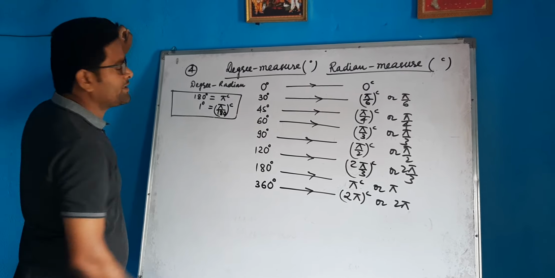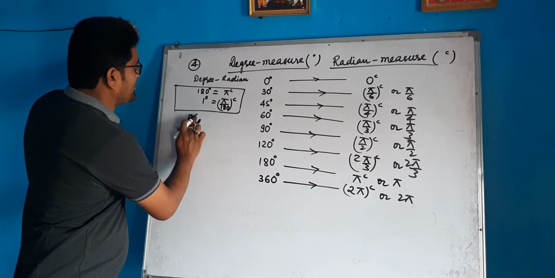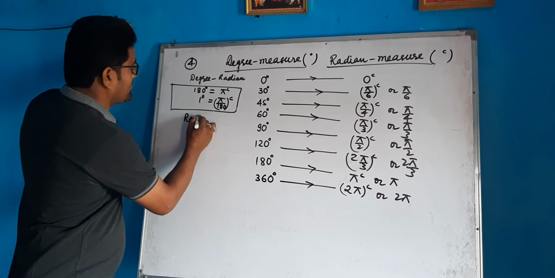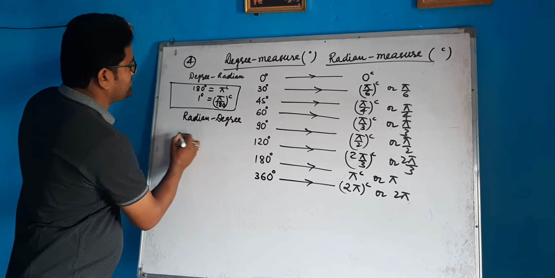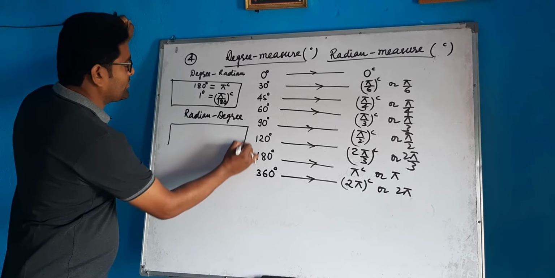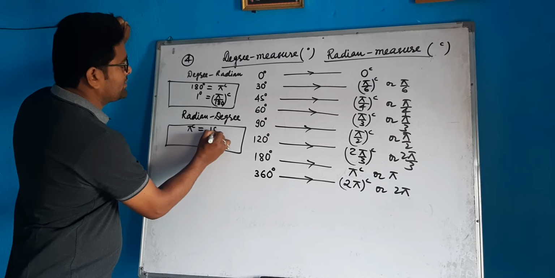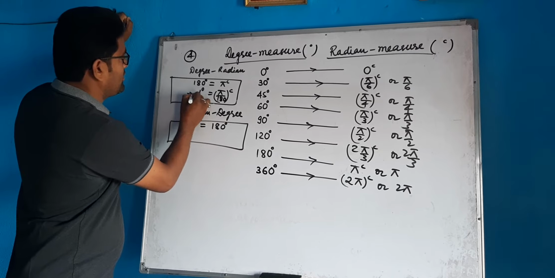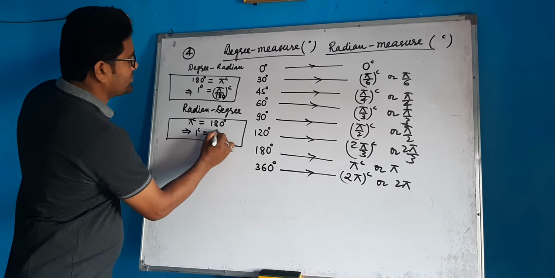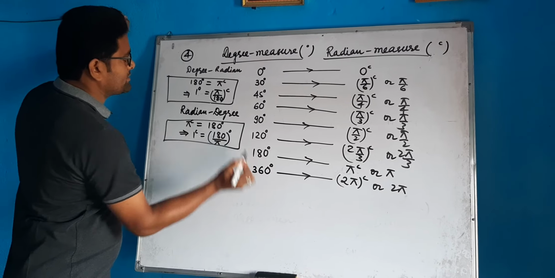We are writing in radians. In the same way, how will you convert from radian to degree? For that, we have a rule. Same rule I will apply, but I will write first pi radian is equal to 180 degrees. This implies 1 radian is equal to 180 by pi degrees.